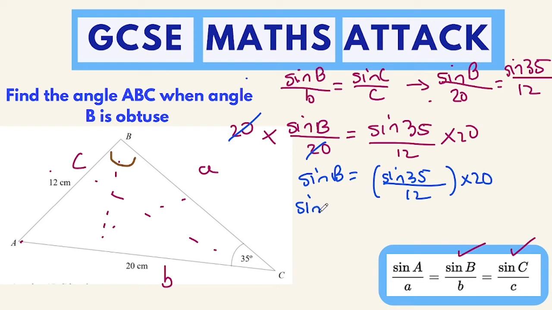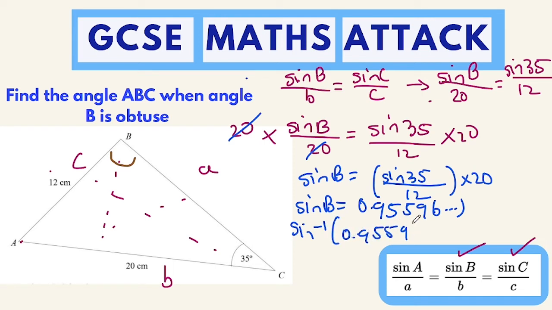You put that in your calculator and you will get sine B equals 0.95596. Now, I'm not interested in this, I need B. So I'm going to do the sine inverse of 0.95596, and that should give me 72.9.